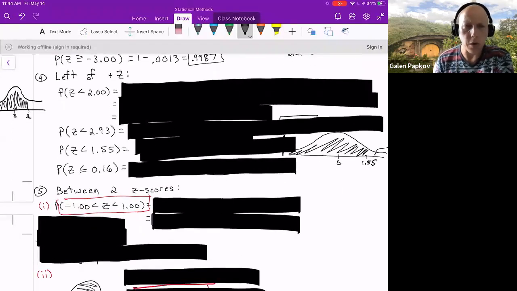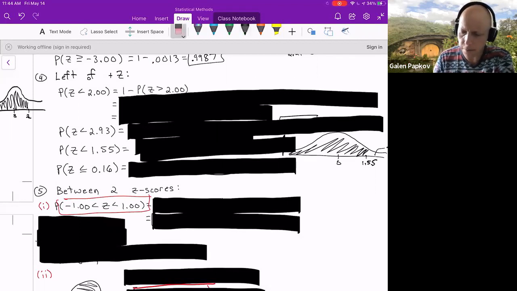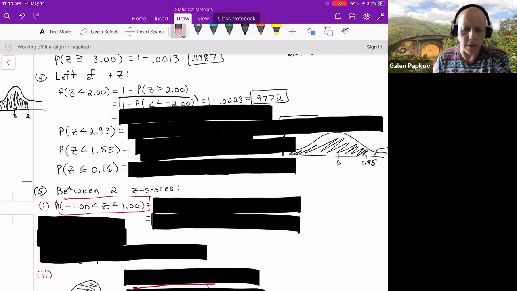All right, what about part 4? This is one that you could have figured out on your own. The area to the left of 2, well, you know that the area to the right of 2 is the same as the area to the left of negative 2. We did that earlier. And so by symmetry, the area to the left of 2 must be the same as the area to the right of negative 2. So that's one way that you could have solved this.